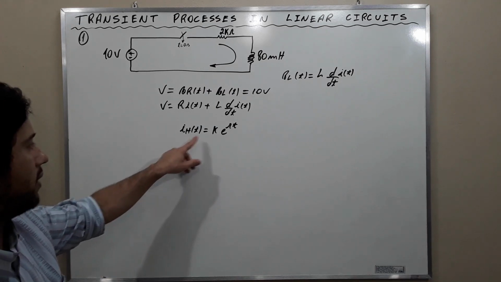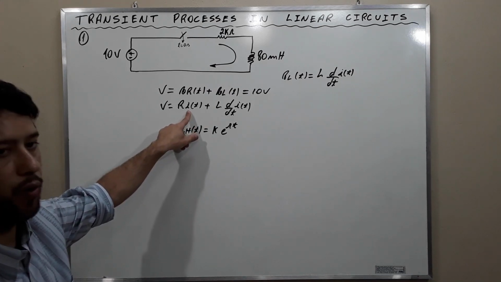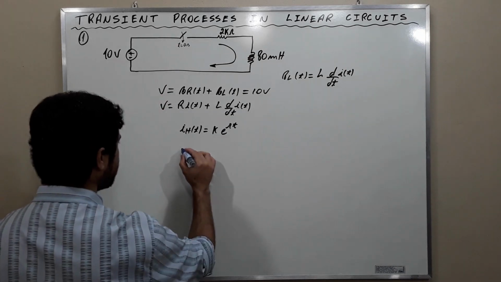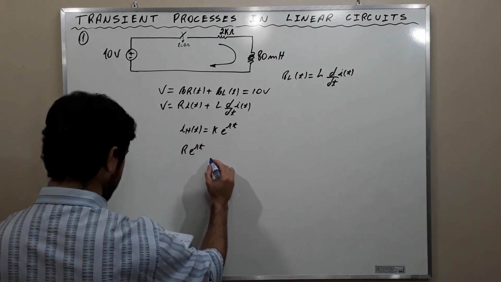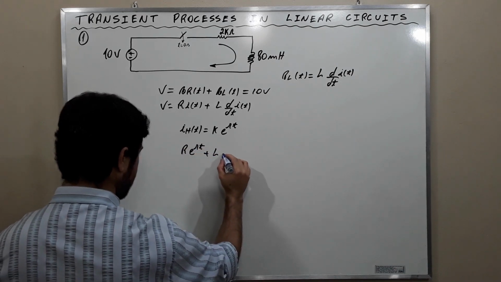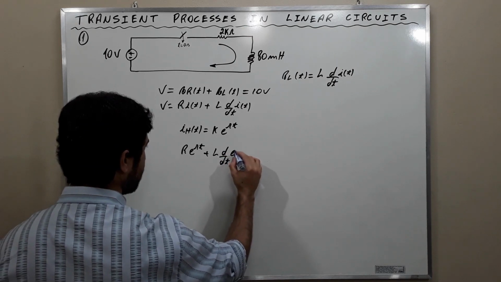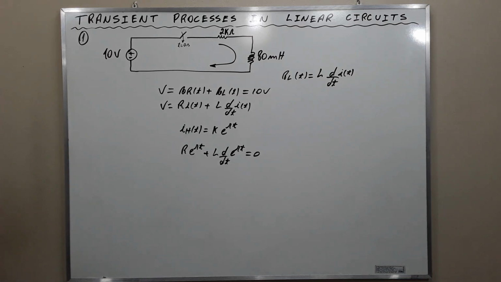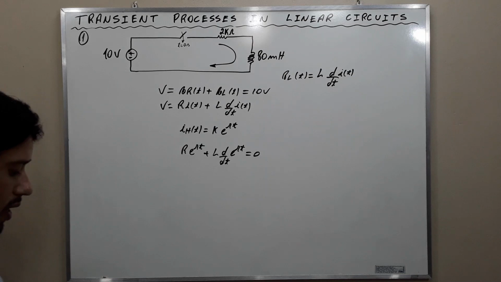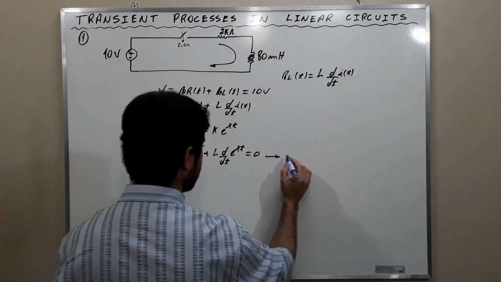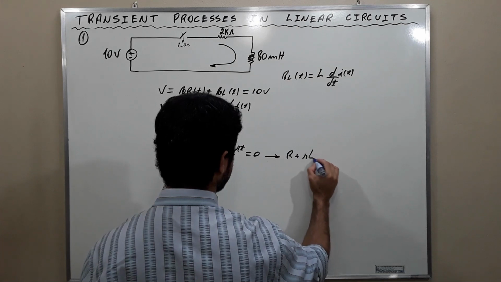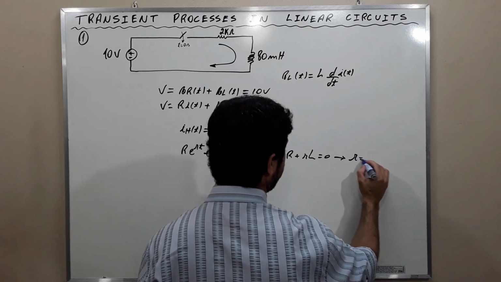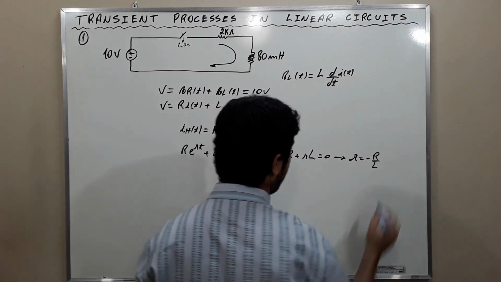And we are going to apply this solution to the differential equation, but when V is equal to 0, and we find that if we take the derivative, and from this step, we find that r is equal to minus R over L.